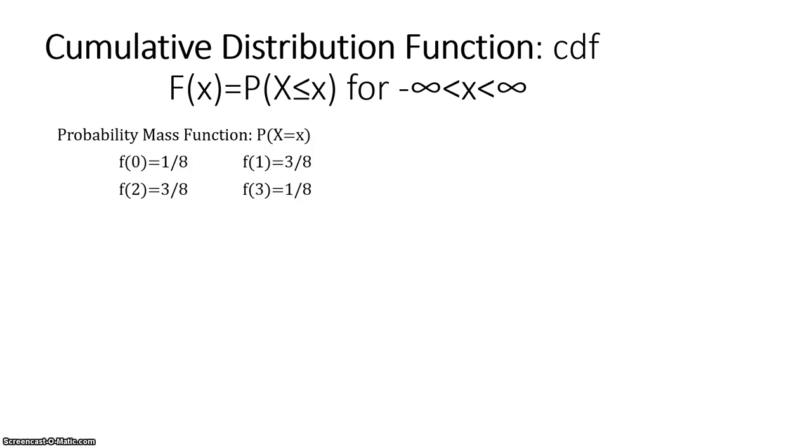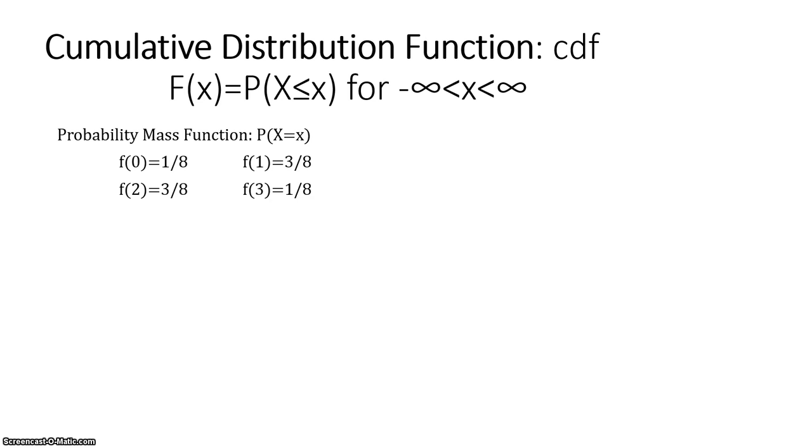Coming back to our example, we know that there is positive probability associated only with the values 0, 1, 2, and 3, and that everywhere else f of x is 0.